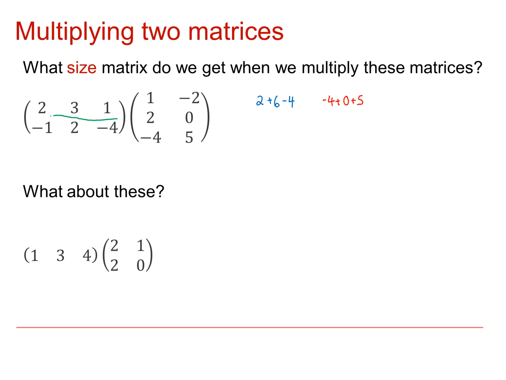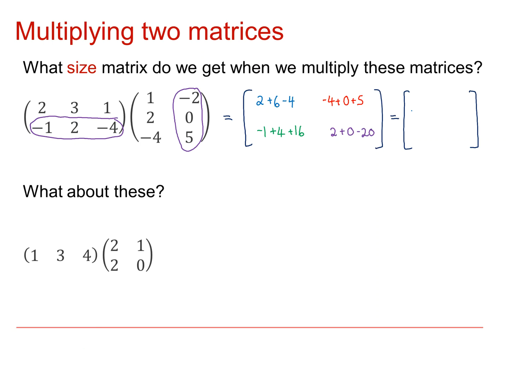Then I take the second row times the first column, minus 1 times 1 is minus 1, plus 2 times 2 is 4, plus minus 4 times minus 4 is 16. Finally, the second row times the second column, minus 1 times minus 2 is 2, 2 times 0 is 0, minus 4 times 5 is minus 20.